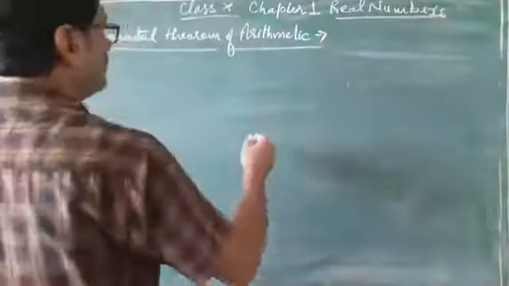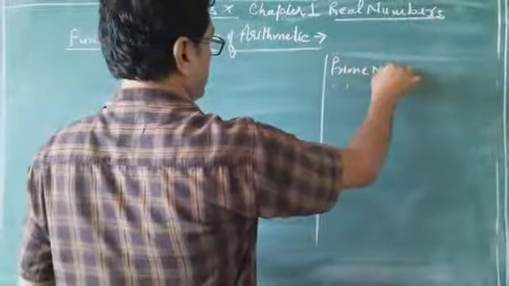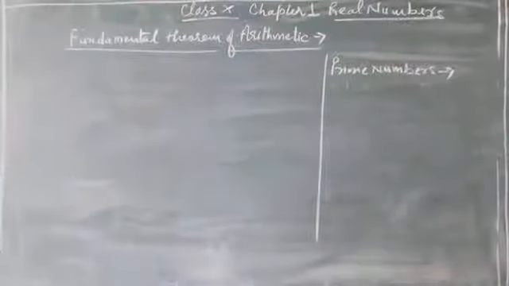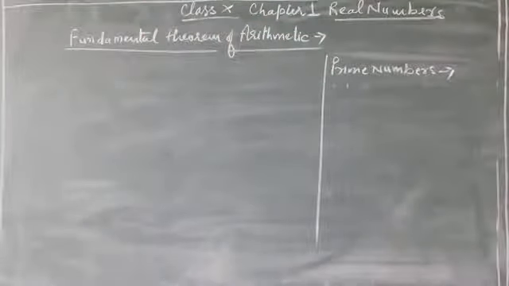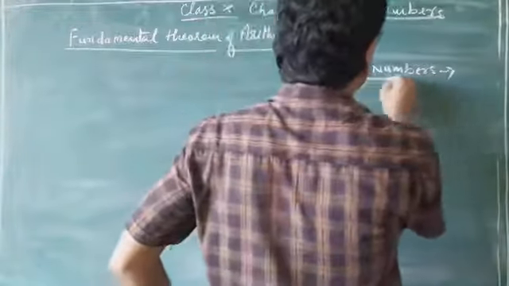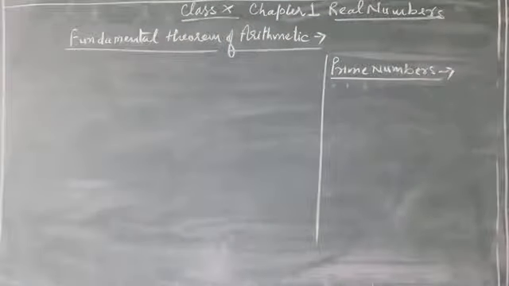So prime numbers means the number which is divisible by 1 and itself. In other words, a prime number is a number which has only the factors 1 and itself, meaning there are no more than 2 factors.